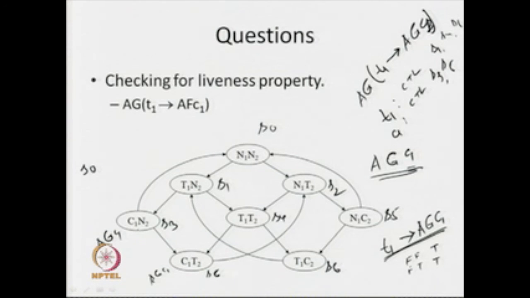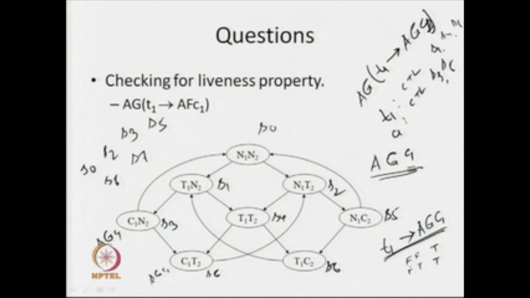It will be true in S2, it will be true in S3, because T1 is false, it is not there. It will be true in S5, it will be true in S6, and it will be true in S7.